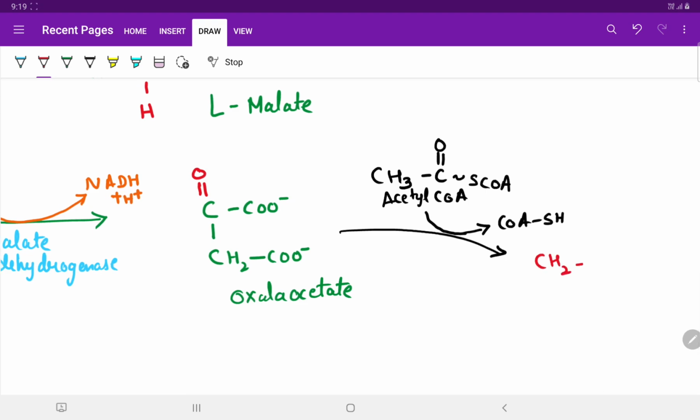So hence this reaction is continued again. So this will be the start of the next reaction in which citrate is converted back into isocitrate and so on.